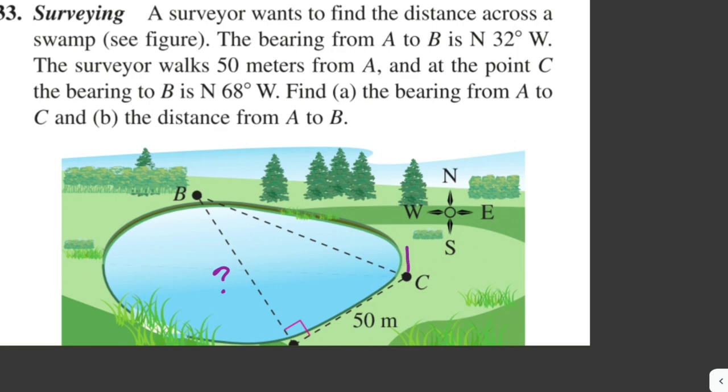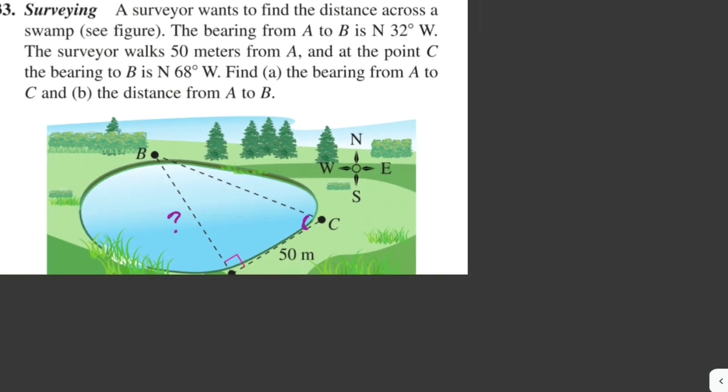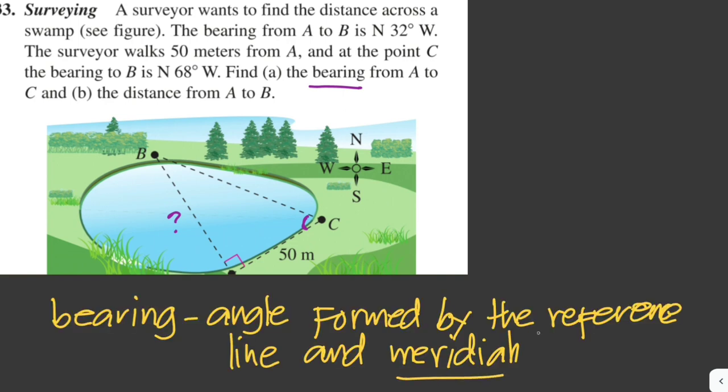So this angle here. When we say bearing, it is the angle formed by the reference line and the meridian. So what is the meridian and the reference line?